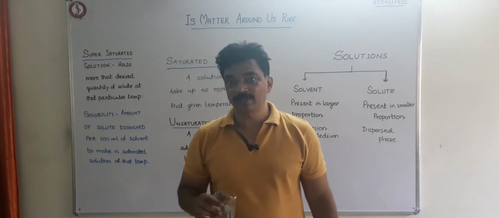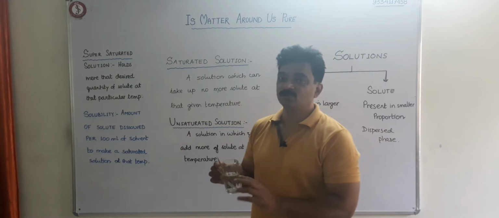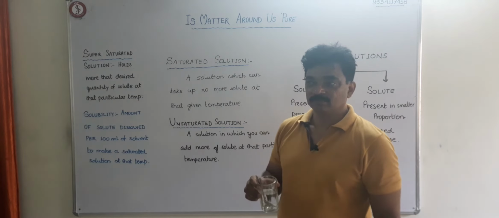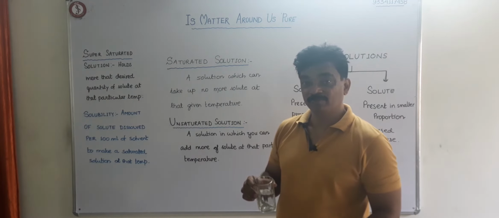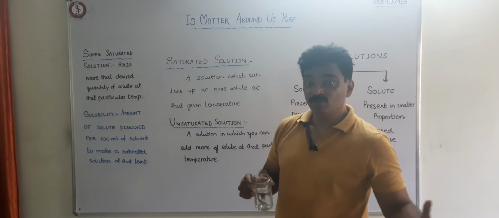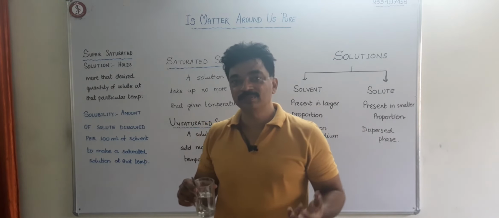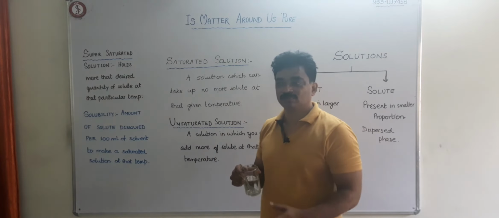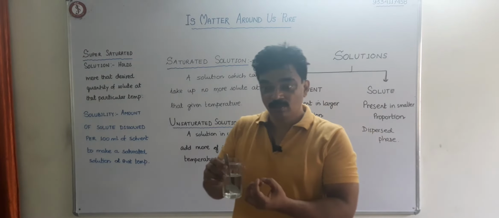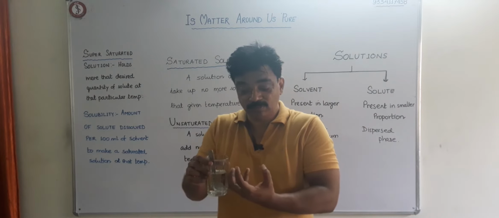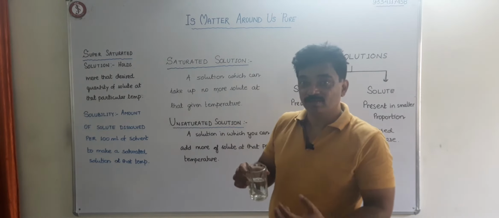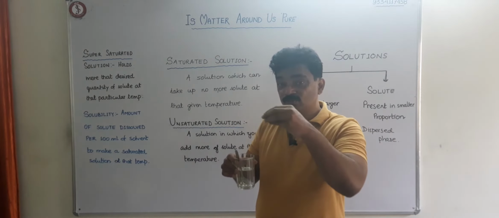But a child will challenge me, sir, I can put more of solute here. He will bypass. When I go from here, he will heat it. Suppose the temperature rises from 20 to 25 degrees. As soon as the temperature is increased, the intermolecular space will increase, so more solute can get in.